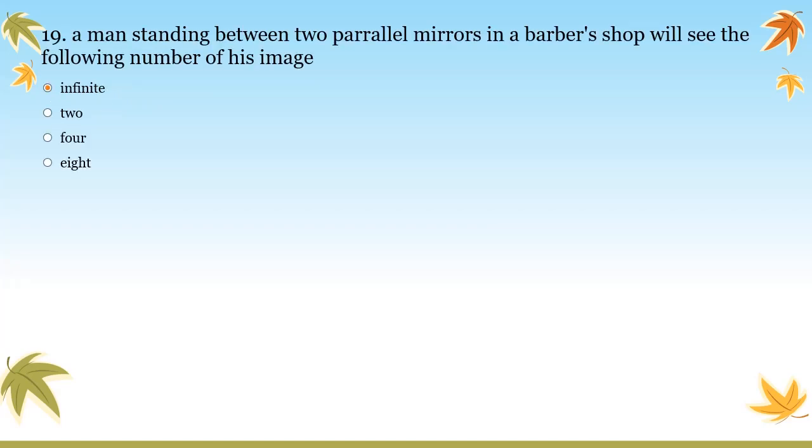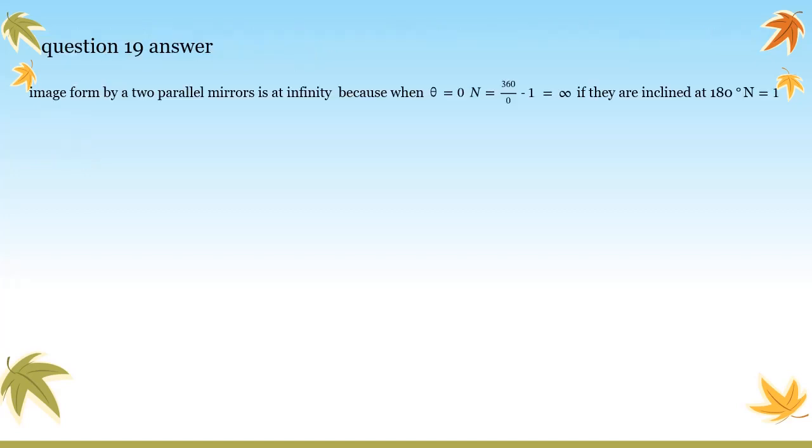19. A man standing between two parallel mirrors in a barber's shop will see the following number of his images? The images formed by two parallel mirrors are at infinity, because n equals 360 over theta minus 1, and when theta equals 0, n equals infinity. If they are inclined at 180 degrees, n equals 1. 20.